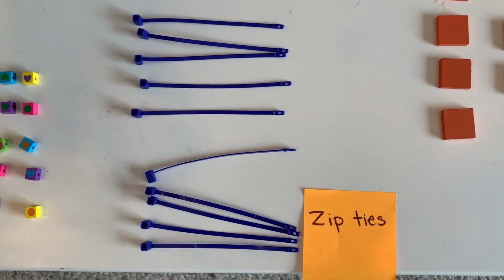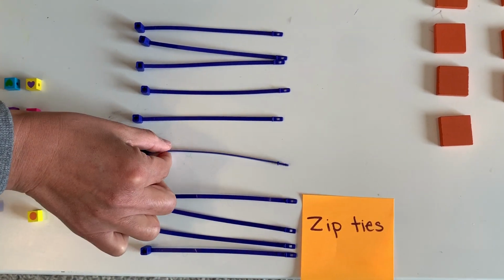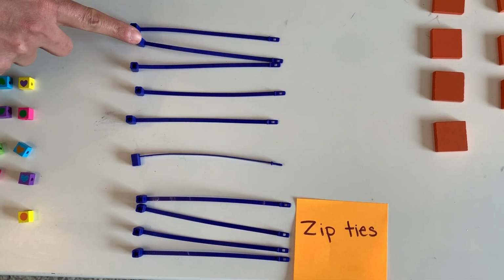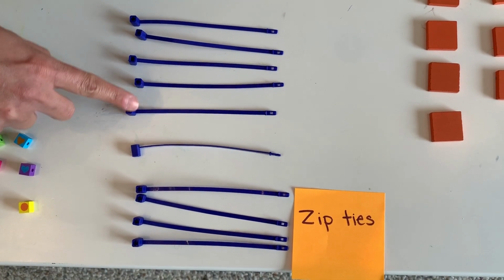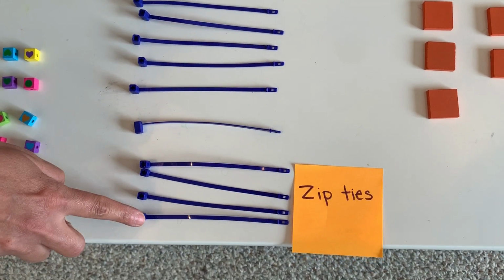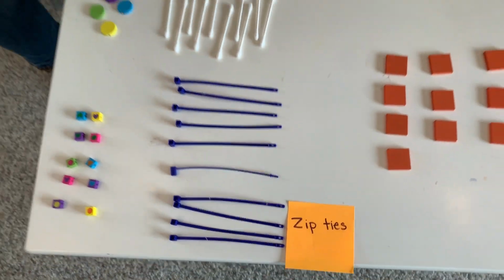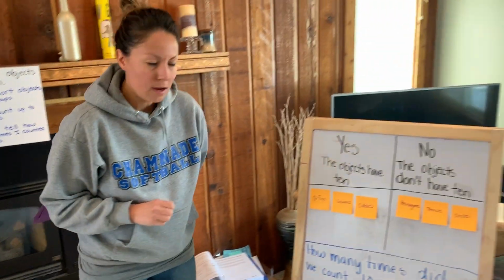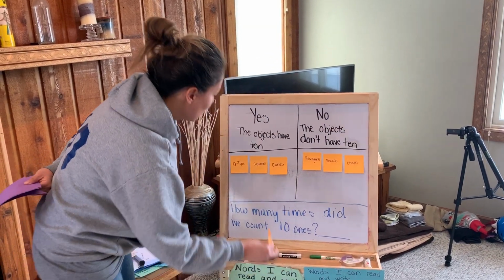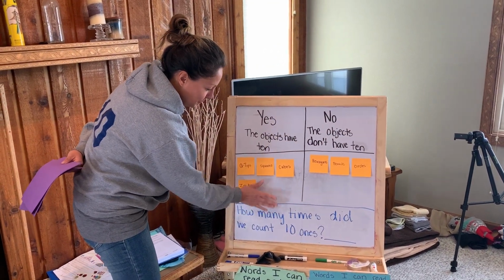These ones got a little smushed, so let's spread those out. All right, let's go ahead and count them. I'll start from the top. Ready? I think that might have been our trickiest object. Do those have 10 or no? I got yes, there were 10, so I'm going to put my sticky note here.